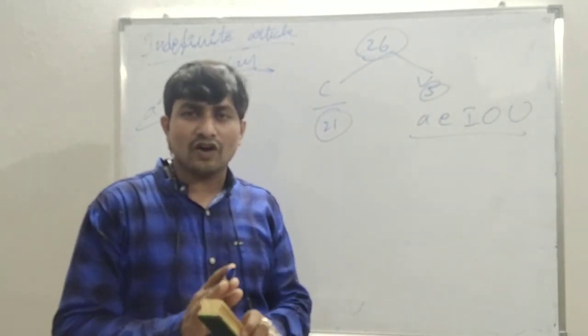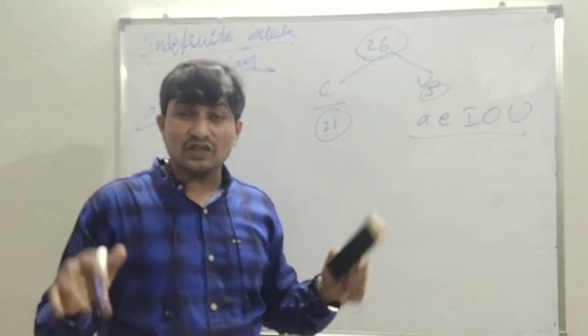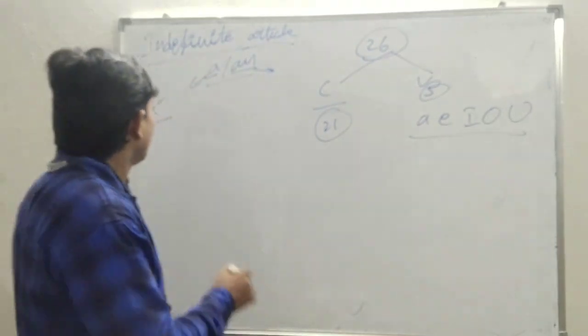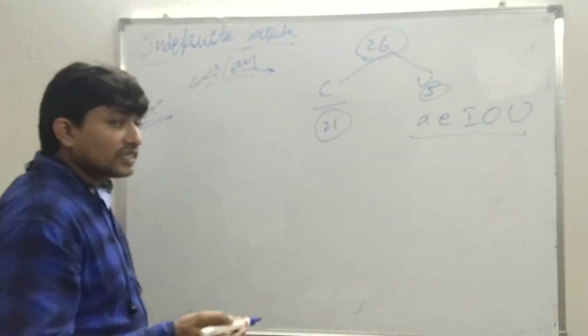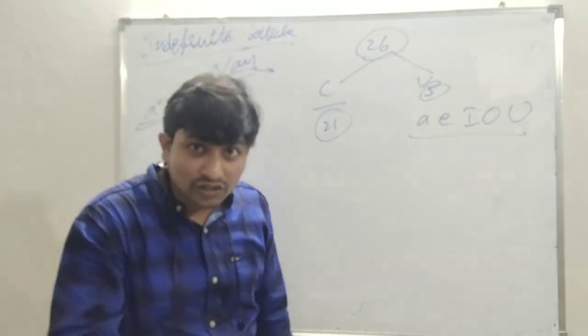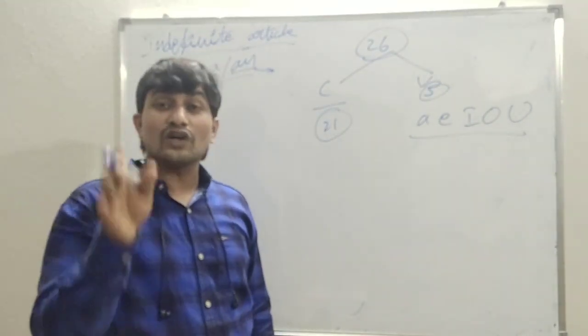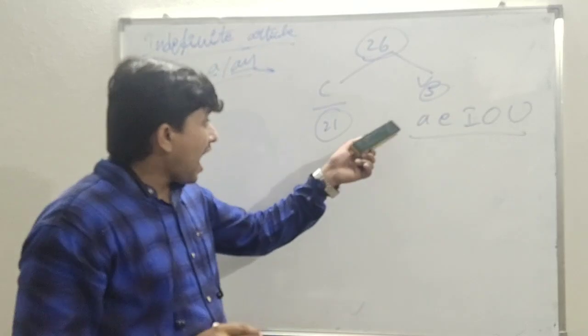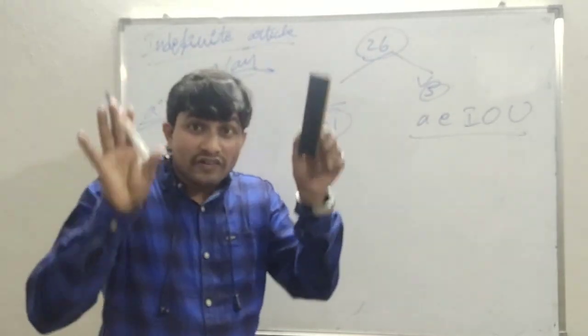It is the wrong method of learning articles. Then what is the right method? A is used in front of consonant sounds, not consonants, and an is used in front of vowel sounds.